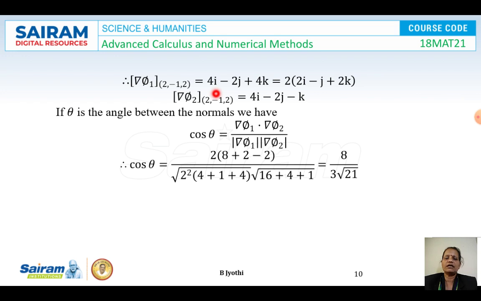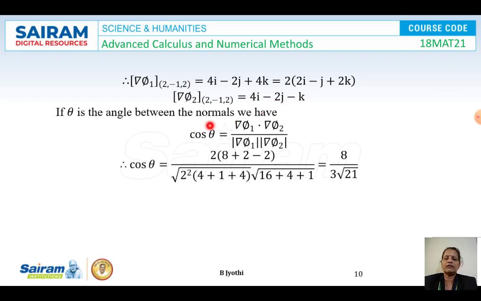When we substitute x is 2, y is minus 1 and z is 2, we get 4i minus 2j plus 4k, which, by taking 2 common, is 2 times 2i minus j plus 2k. Next, del phi 2 at the point, we get 4i minus 2j minus k.